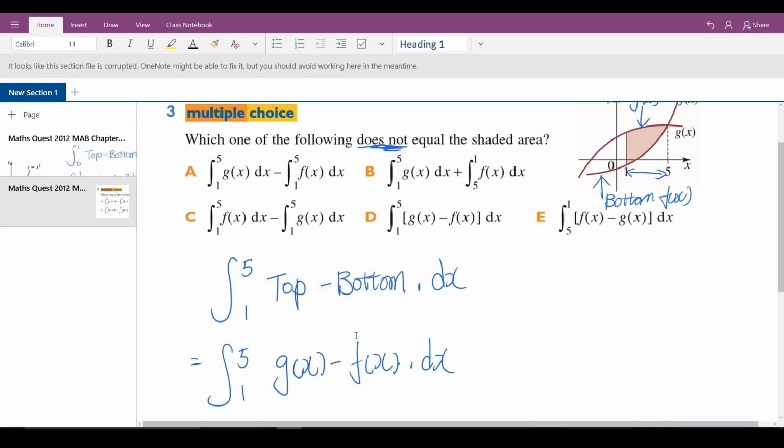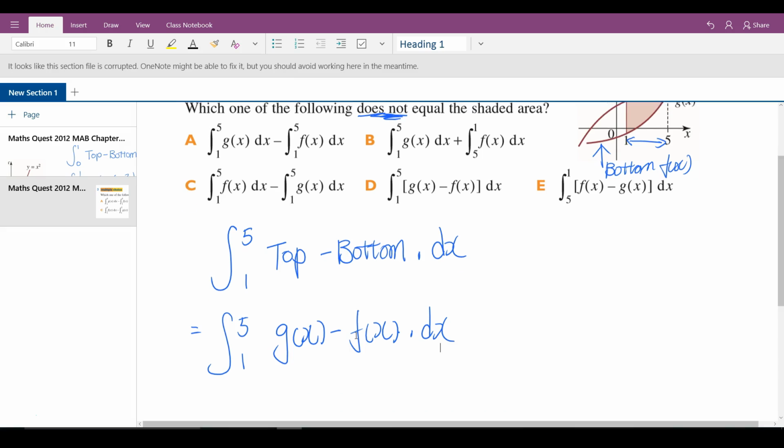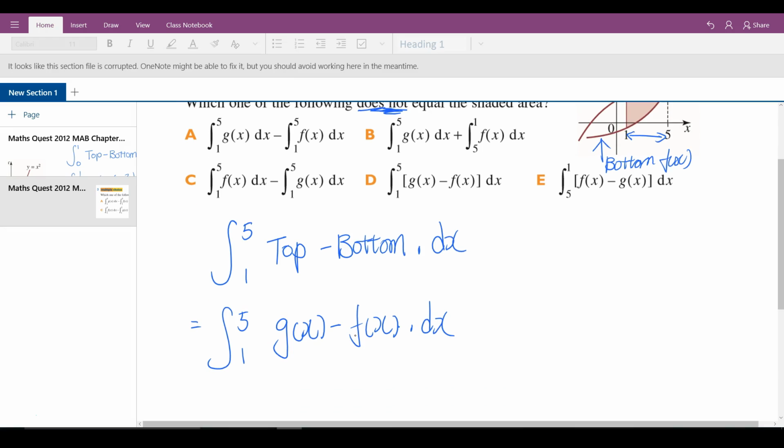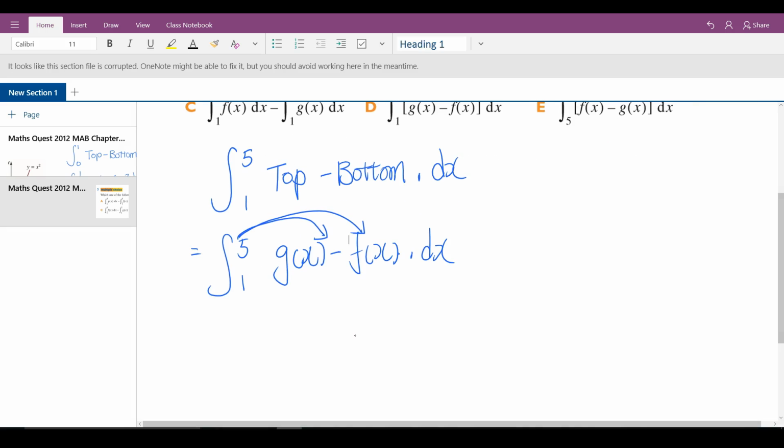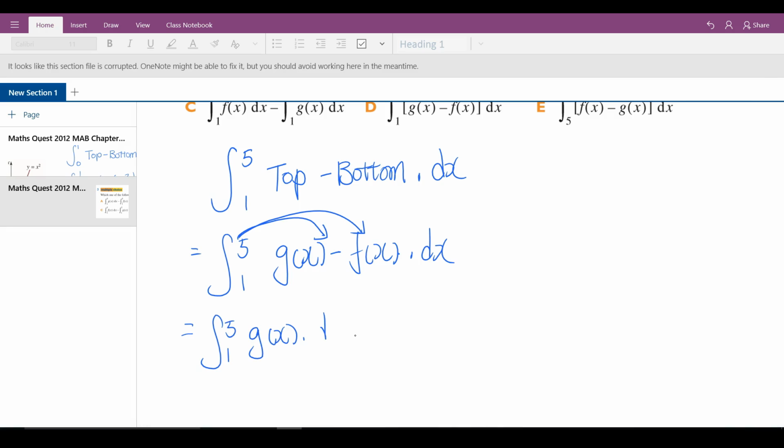So option A. Now option A is just what I usually do, right? I usually distribute the integral sign into the two parts of the equation. So this can also be written as the integral from 1 to 5 of g of x dx minus the integral from 1 to 5 of f of x dx.